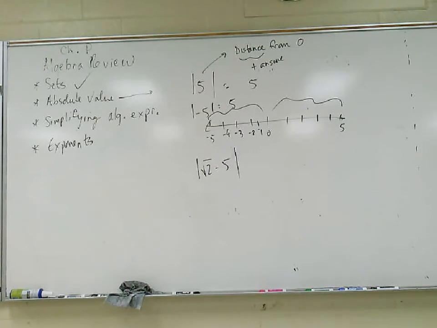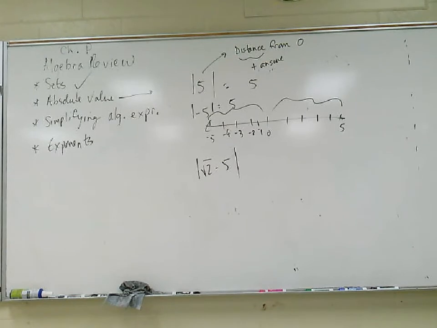So this is where you got to be careful. Just say, well, whatever's on the inside, make it positive. Be careful. So what you haven't done is you haven't gone to your calculator.